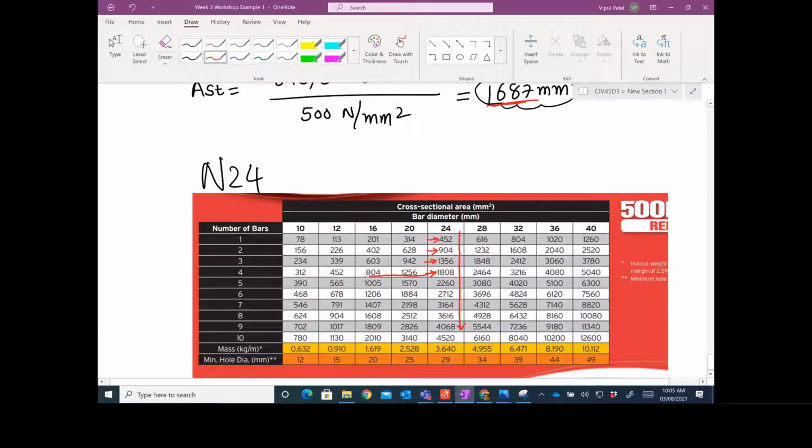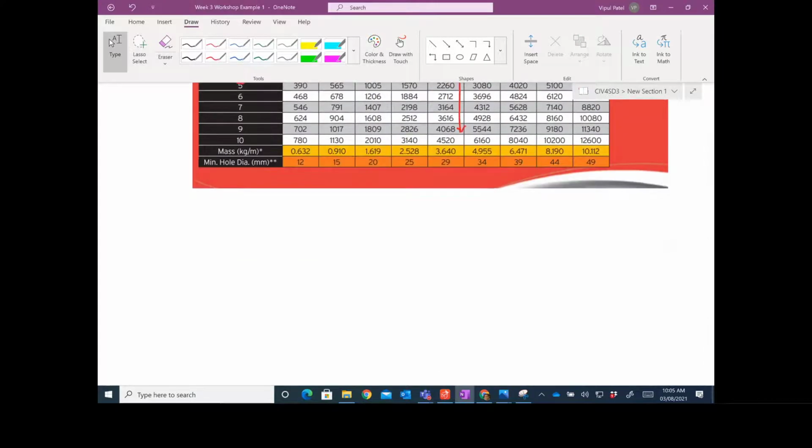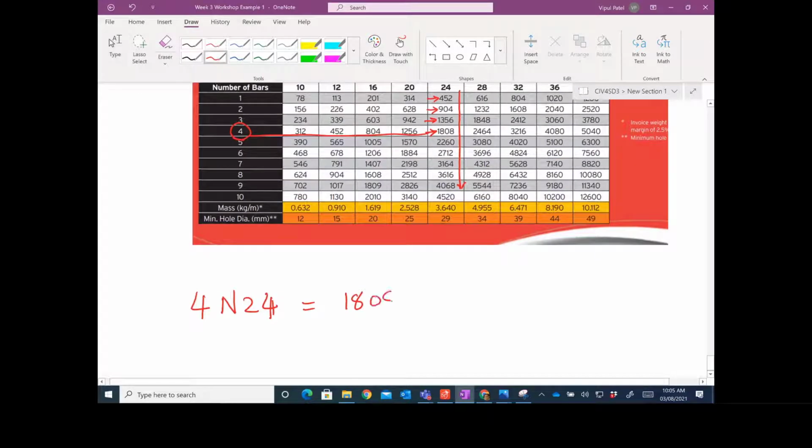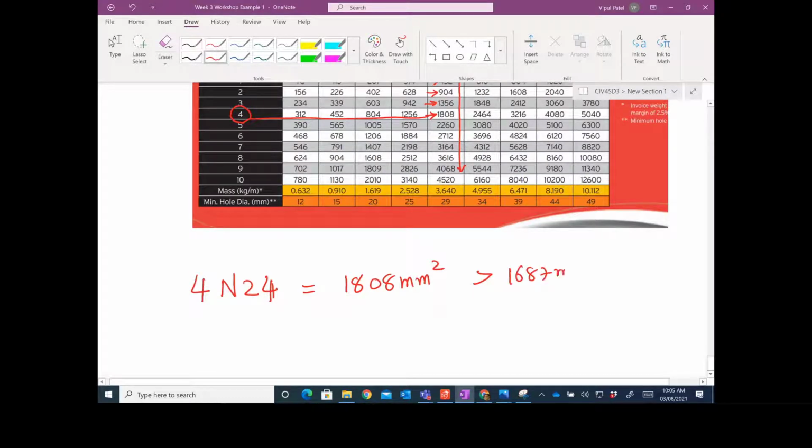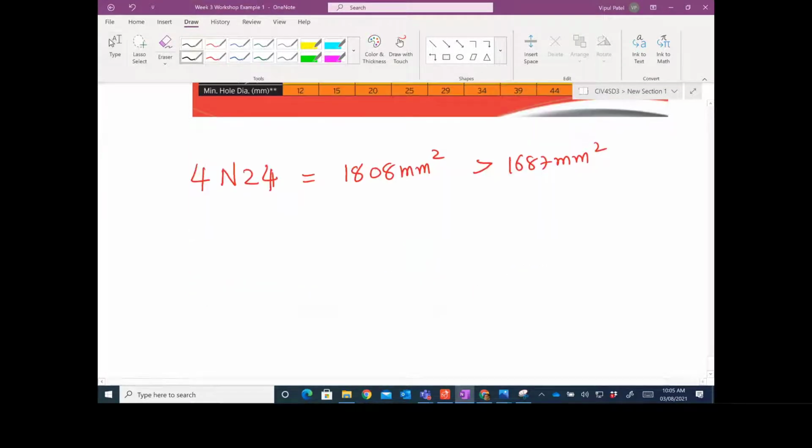And if you go across 1808, you can find the number of bars, 4. So I would say that we can take 4 N24 bars because it has an area of 1808 millimeter squared, which is greater than our requirement of 1687 millimeter squared. So your final answer is that AST is 1808 millimeter squared with 4 N24 bars.